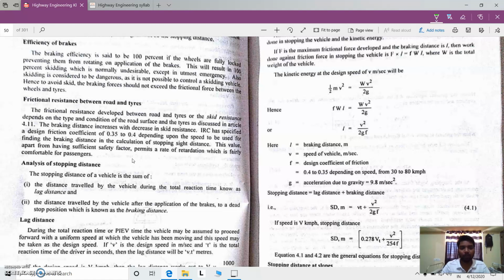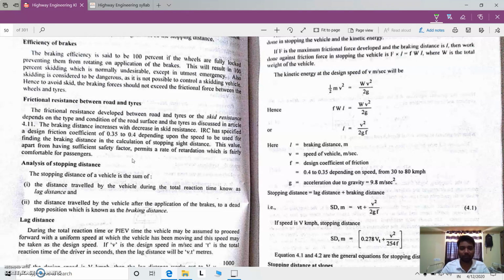Similarly, the lateral friction coefficient value is 0.15. In stopping sight distance we consider 0.35 to 0.4, because the stopping distance is always in the longitudinal direction, not in the lateral direction.